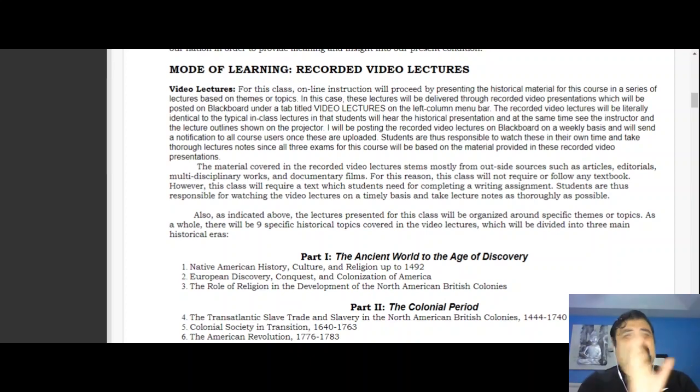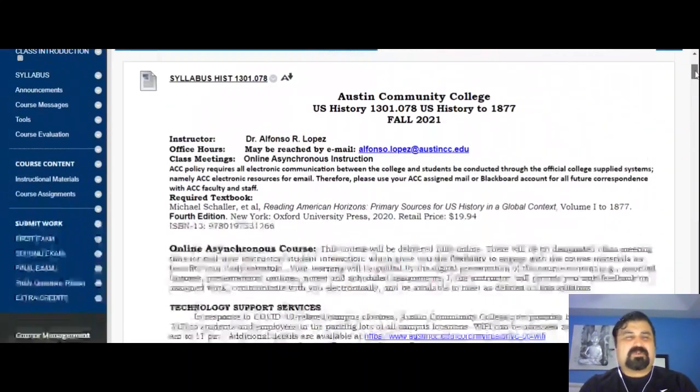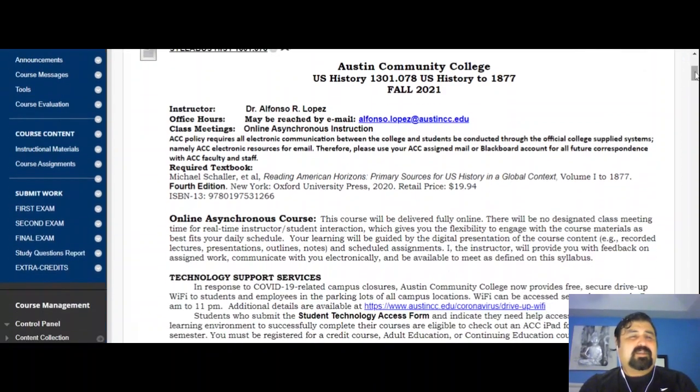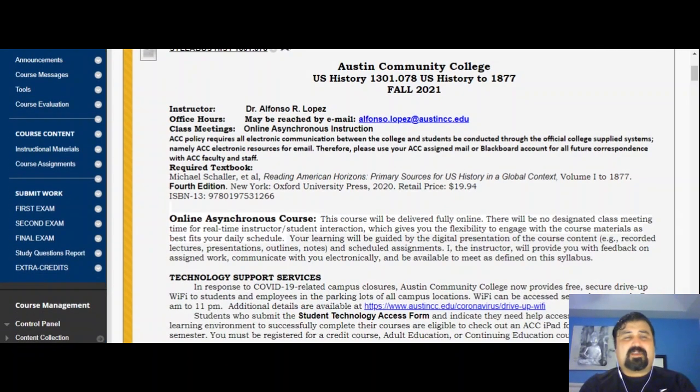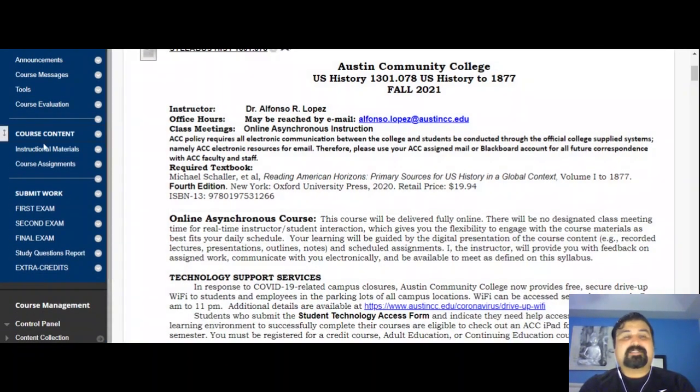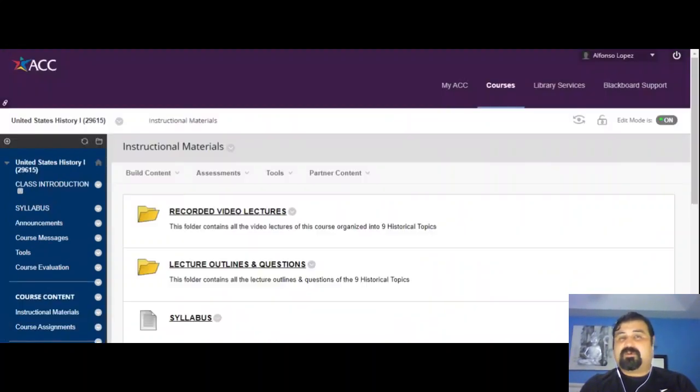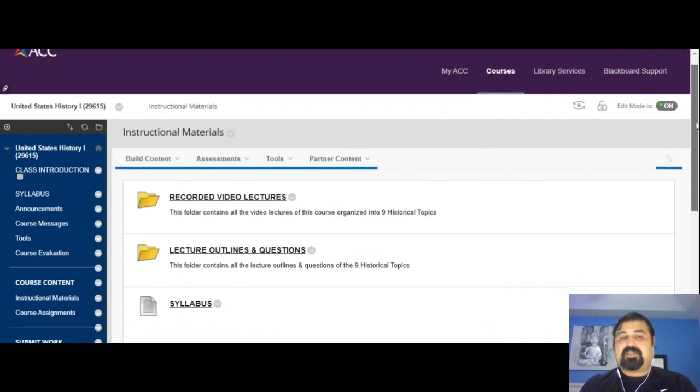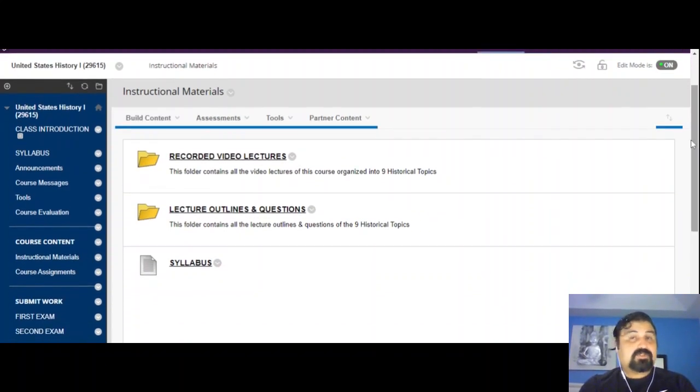So if we could just go to that part of Blackboard so you can identify where those lectures are. Those lectures are found here under course content. This says instructional materials, the materials of instruction. You click on it and it's going to open, and you're going to see two main folders.